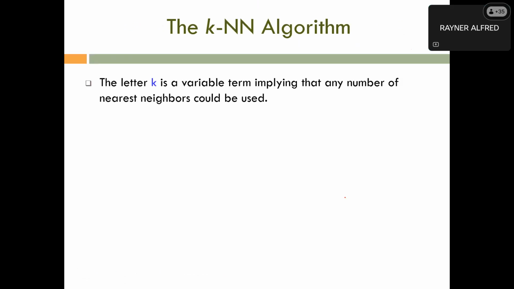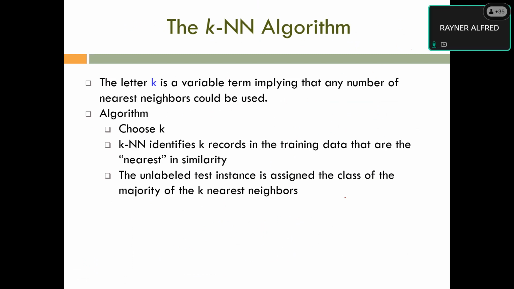In k nearest neighbor, the letter k refers to any number of nearest neighbors that could be used. It could be 2, 3, 4, 5, and so on. The critical aspect is how we choose the best k.